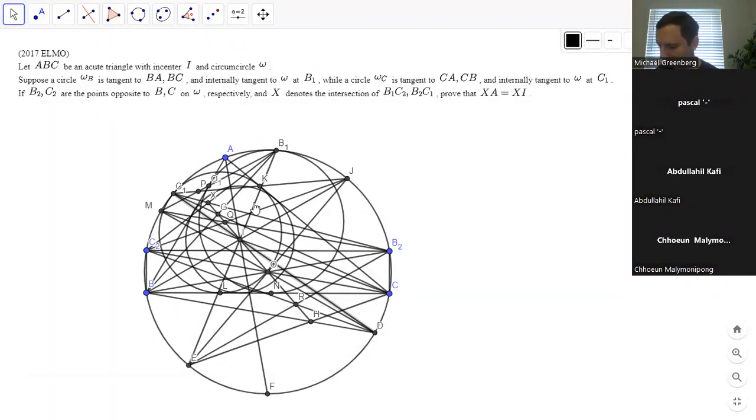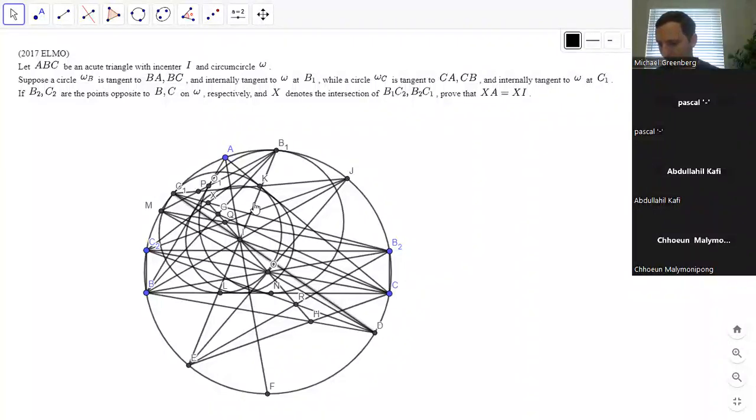Okay, so let me see how many times I need to use Pascal. 1, 2, 1, 2, 3, 4. And then we know P and I are collinear. And then this shows that G lies on it. This shows that X lies on it.